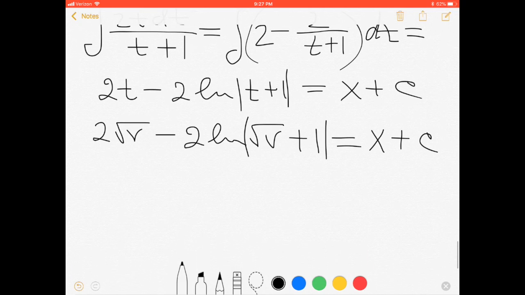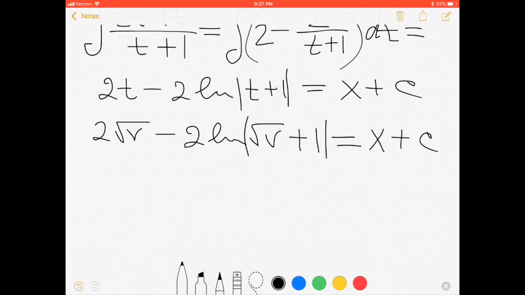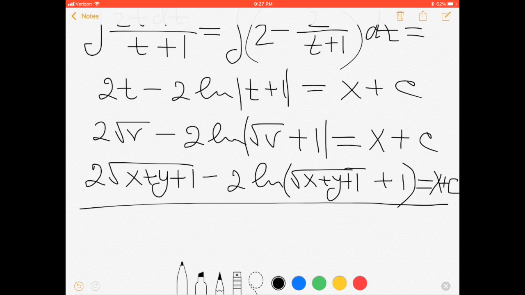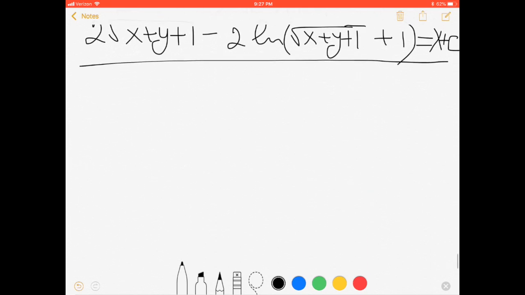Then remember what v is, and the final answer will be twice square root of x plus y plus 1 minus twice natural log of square root of x plus y plus 1, plus 1, equals x plus c. Okay, this is the final answer. We will not spend time simplifying.